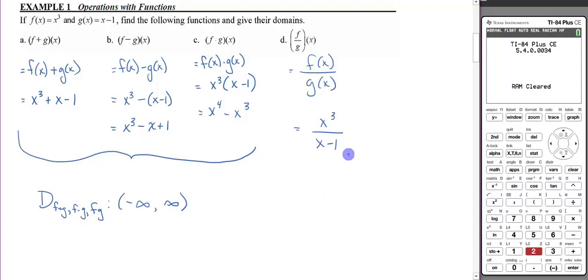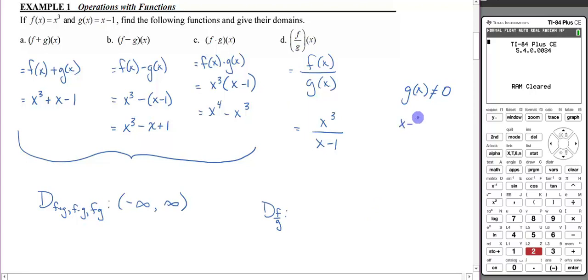We do need to find the domain. The domain of f over g is the same as the domain of f plus g, f minus g, f times g, and the added restriction that the g of x function cannot equal 0. The g of x function cannot equal 0 means that x minus 1 cannot equal 0.